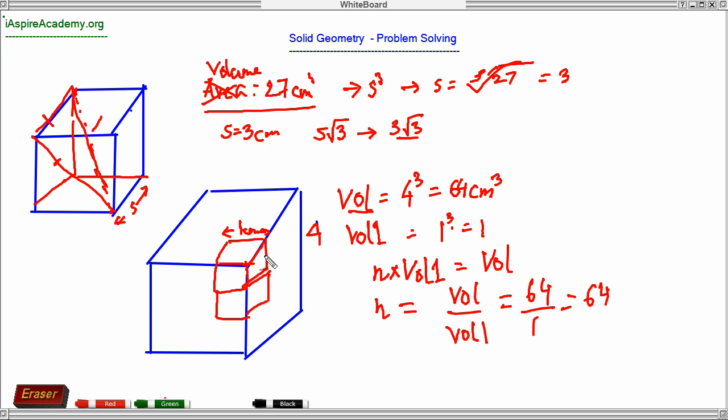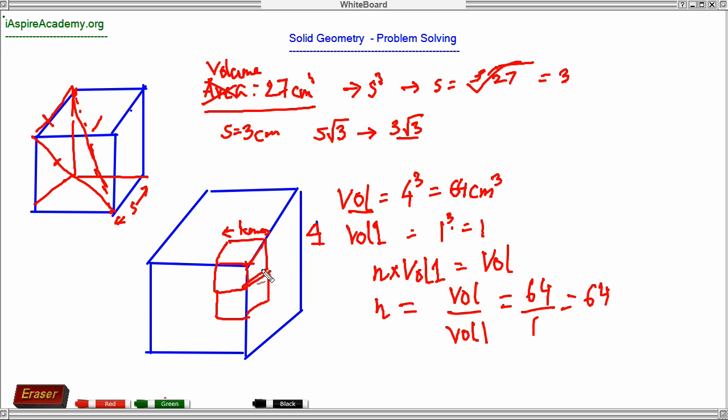You can be told, now find out how many smaller cubes have exactly one face painted. So let me repeat the problem again. You're given a cube with side 4 centimeter. You are painting all the sides of the cube, and then you're cutting the cube into smaller pieces of 1 centimeter length on each side. How many of those smaller cubes will have only one side painted?